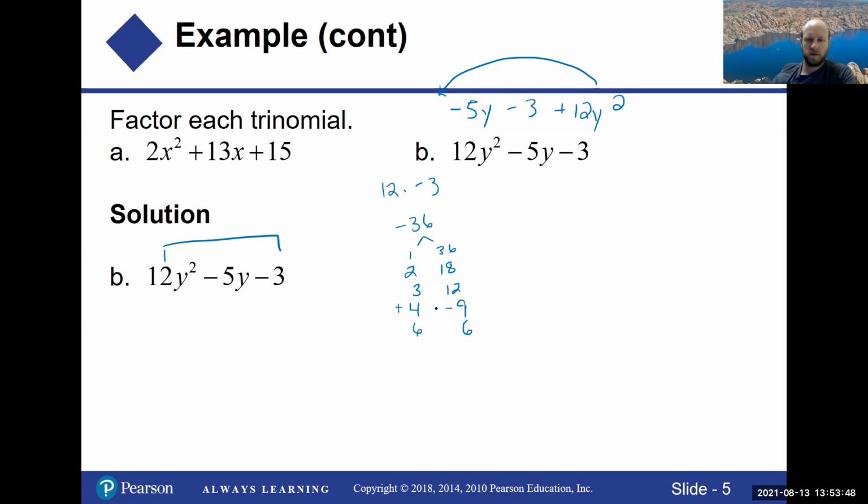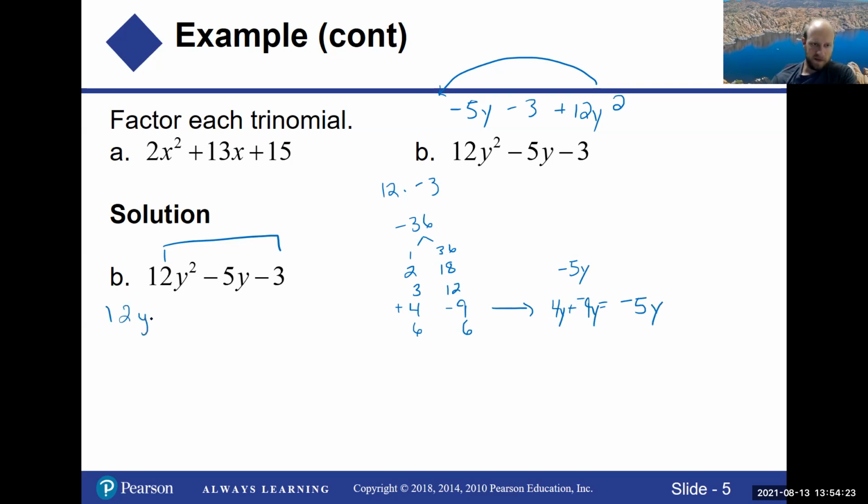So it's going to be a positive 4 times a negative 9, multiplies to negative 36 and adds to negative 5. 4 plus negative 9 is negative 5, and that's how I'm breaking up the negative 5y. So it's going to be 4y and negative 9y is negative 5y.